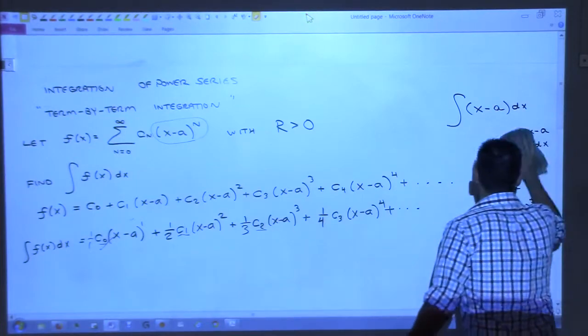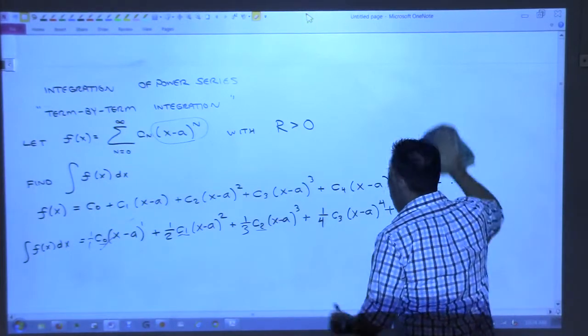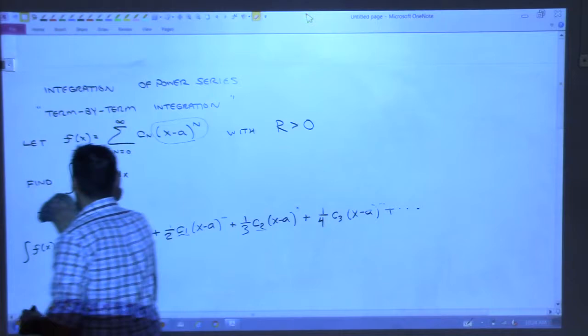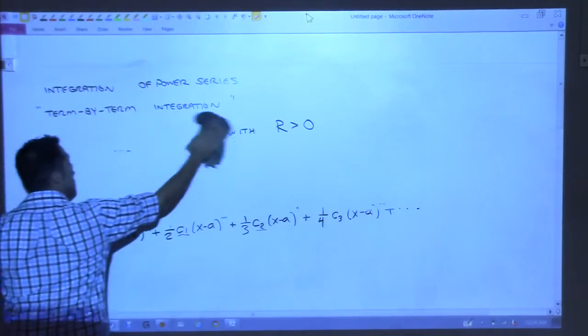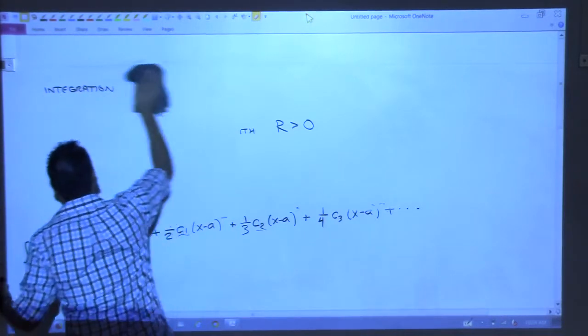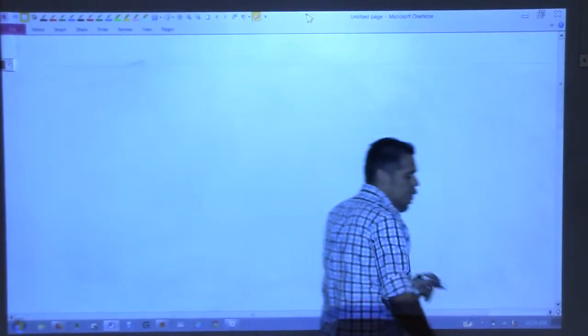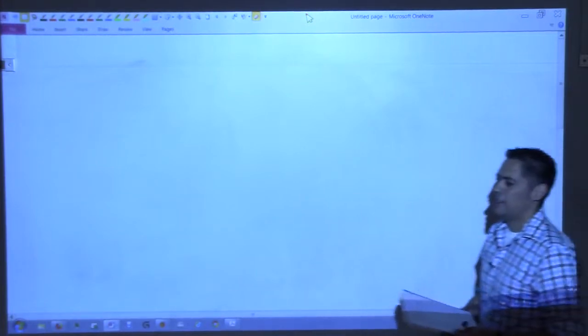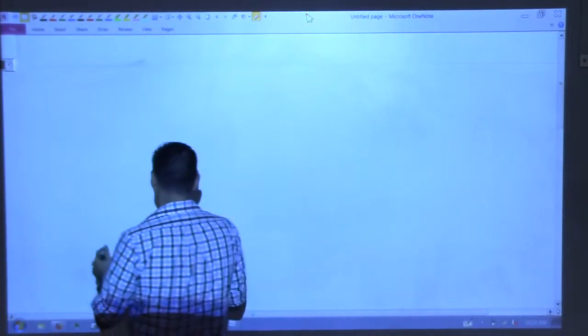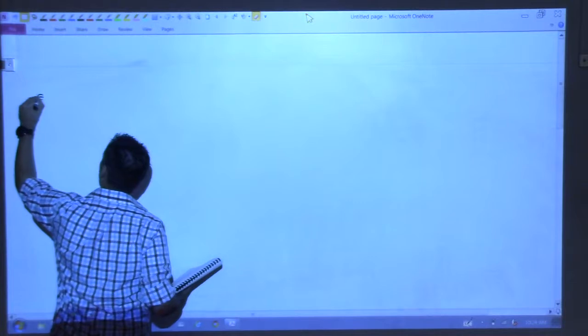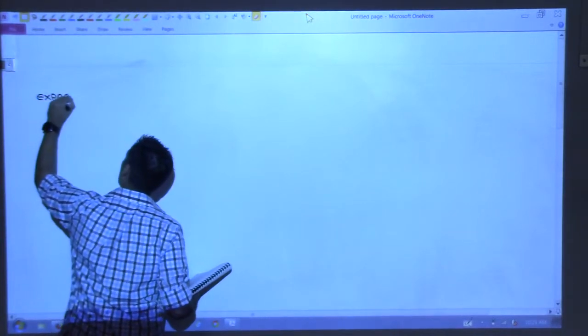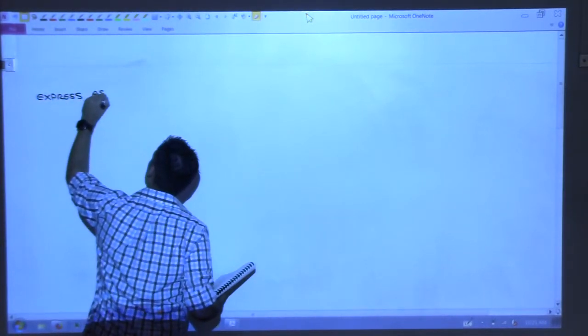All right, now let's see. This whole thing was just to show you that if somebody gives you a power series, you are free to integrate it or differentiate it at will using those formulas. Let's see if I can do this one. Express as a power series.